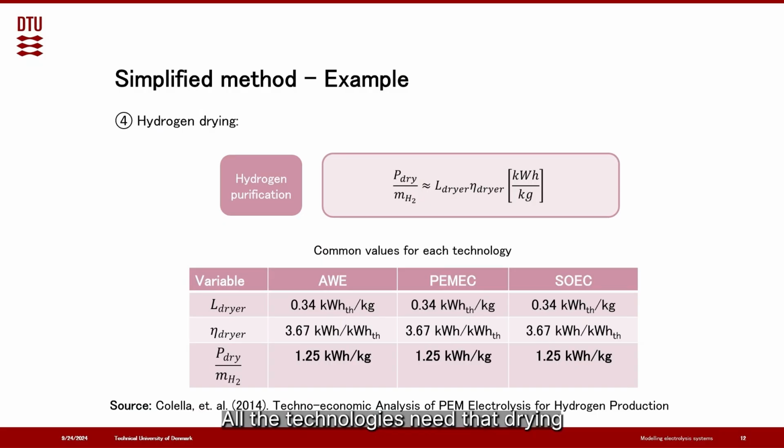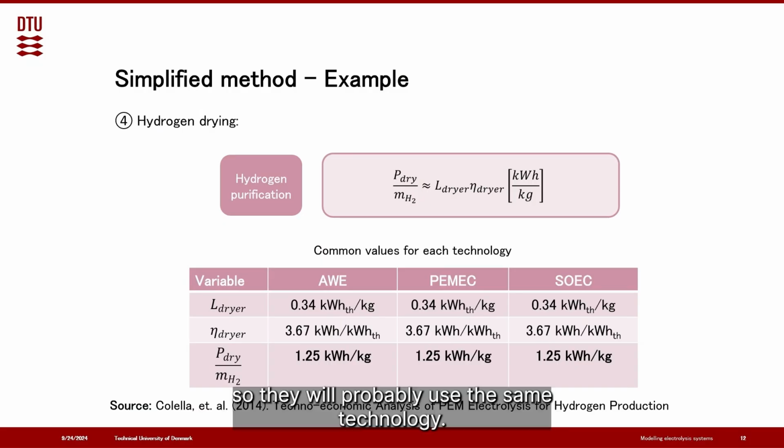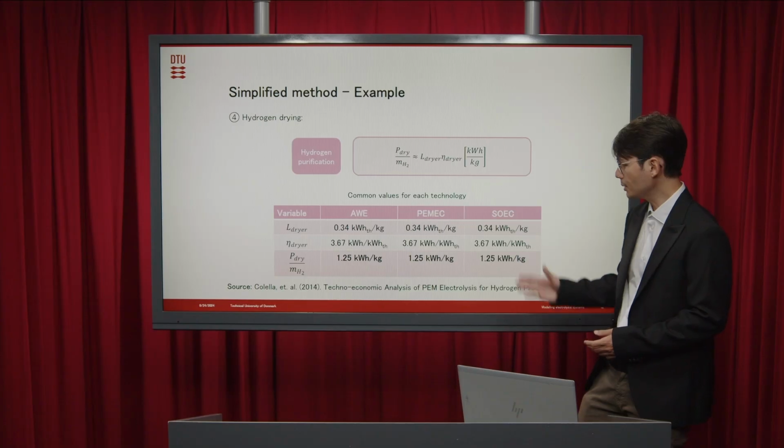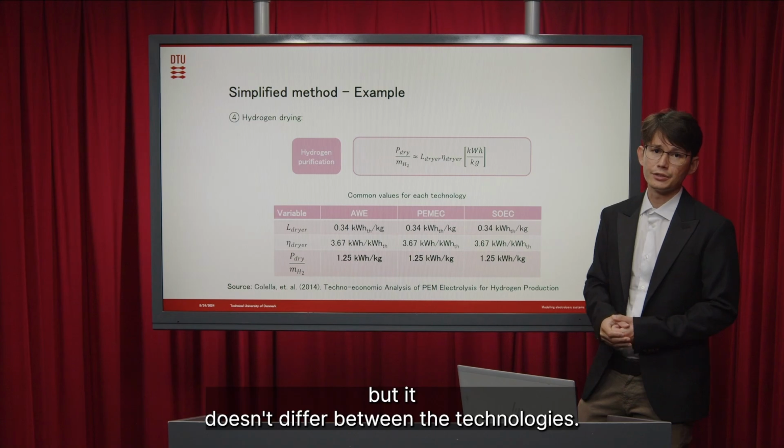All the technologies need that drying, so they will probably use much the same technology. So there's not much difference between each technology, and as you can see, it adds up a little bit of electricity to make that hydrogen dry. But it doesn't differ between the technologies.